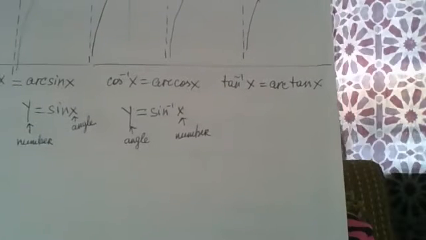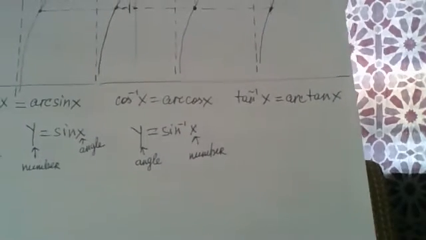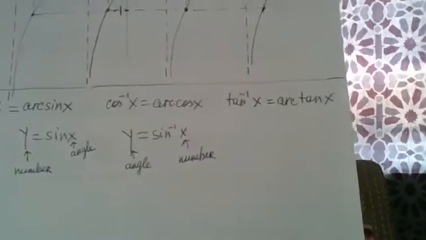Because if we have two functions inverse to each other, the one that was an angle in the original function becomes a number in the second case. So now y is the angle and x here is a number. X and y here play different roles than in the original function.